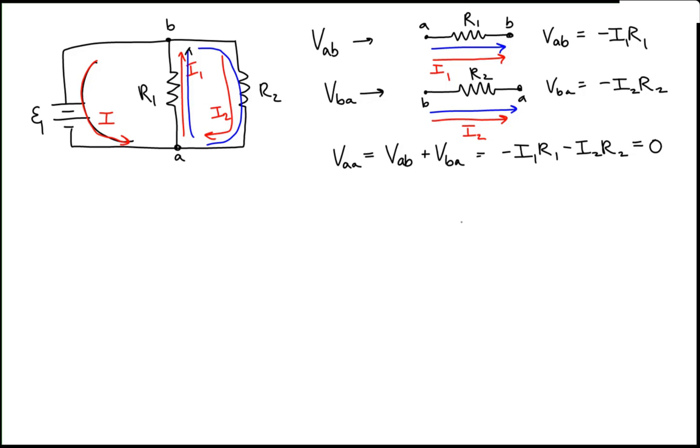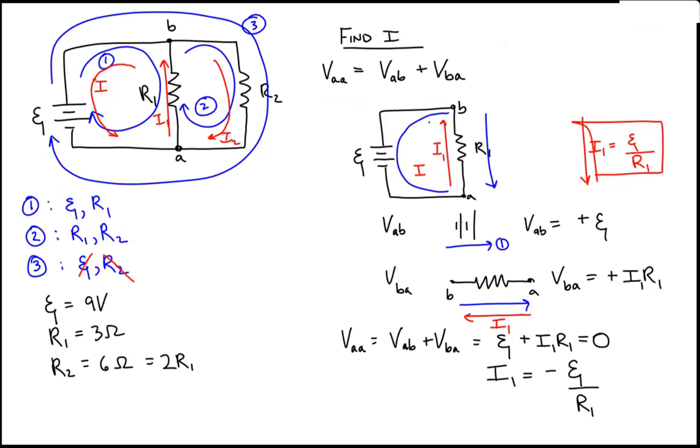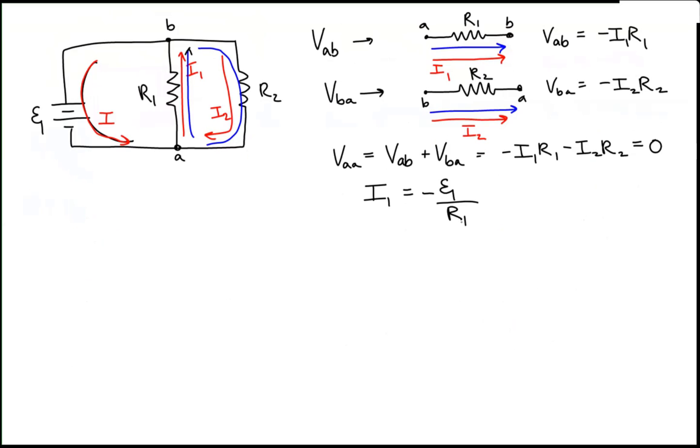Well, in the previous problem, we found that I1 was equal to the EMF of the battery over the resistance of resistor 1, and we said it was negative, right? Because we analyzed in the wrong direction, but I'm going to stay consistent with the problem that we established. So we have I1 is equal to minus E over R1, and that's a minus times a minus.